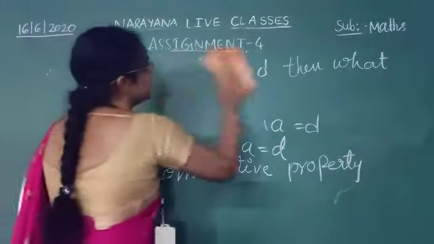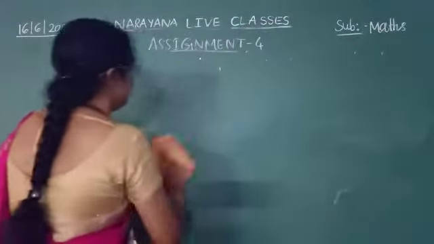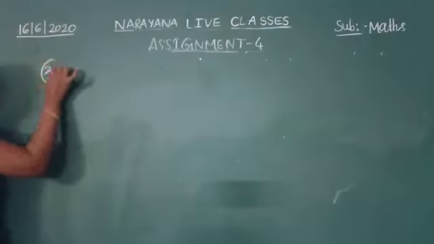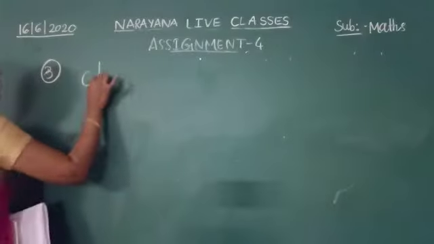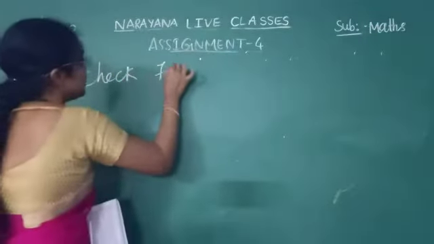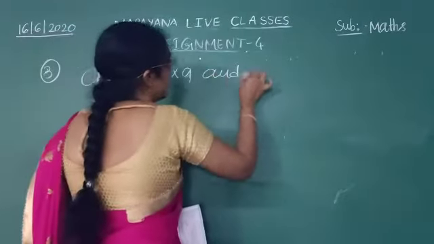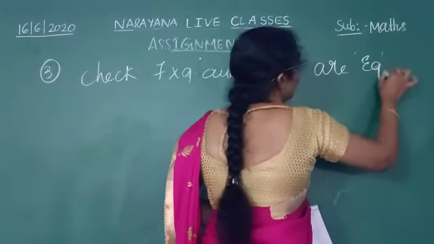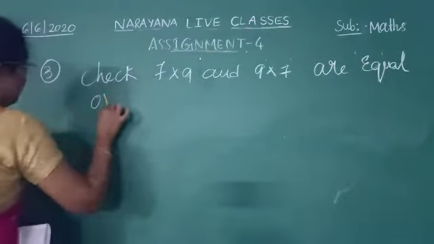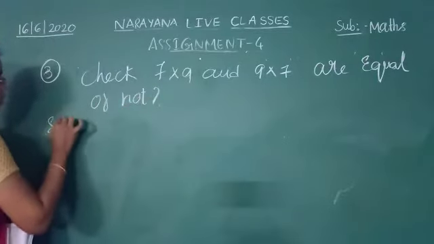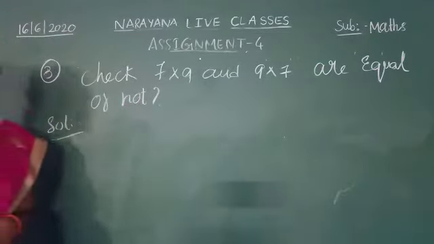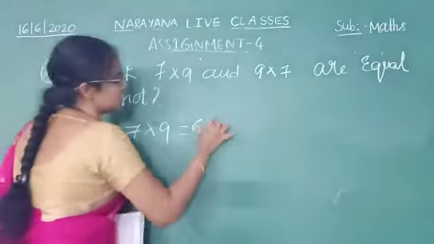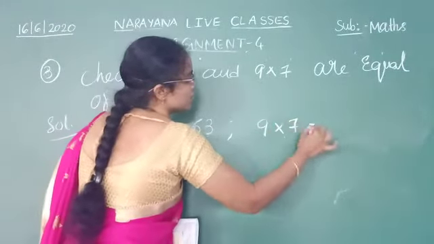And the third one is the same as the second one. Check whether 7 into 9 and 9 into 7 are equal or not. 7 into 9, as we know, is 63, and likewise 9 into 7 is also equal to 63.